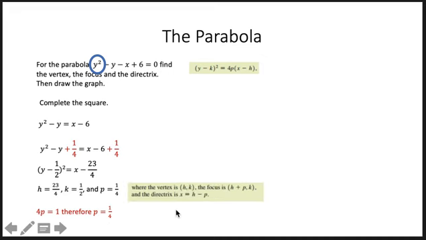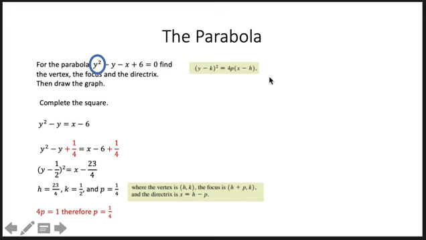Now, here we have the guidelines that help us find the vertex, the focus, and the directrix for a y squared type of equation. Now, is p positive or negative? It's positive. What does that mean? Which direction is the parabola going to be opening? So it's positive.